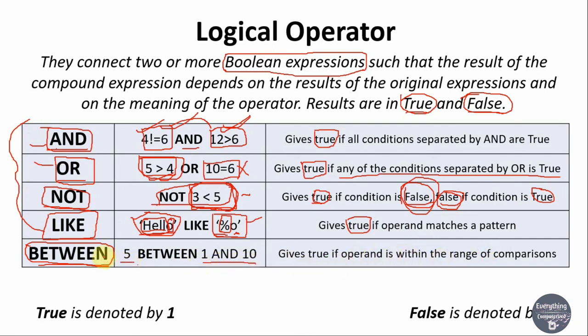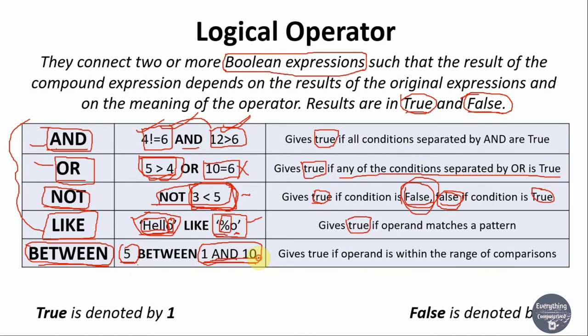On the left hand side, the between operator takes an operand which is to be checked to be present in a range, and on the right hand side it takes an expression which consists of an AND operator, and this is the range of values which we are going to compare the first operand with.